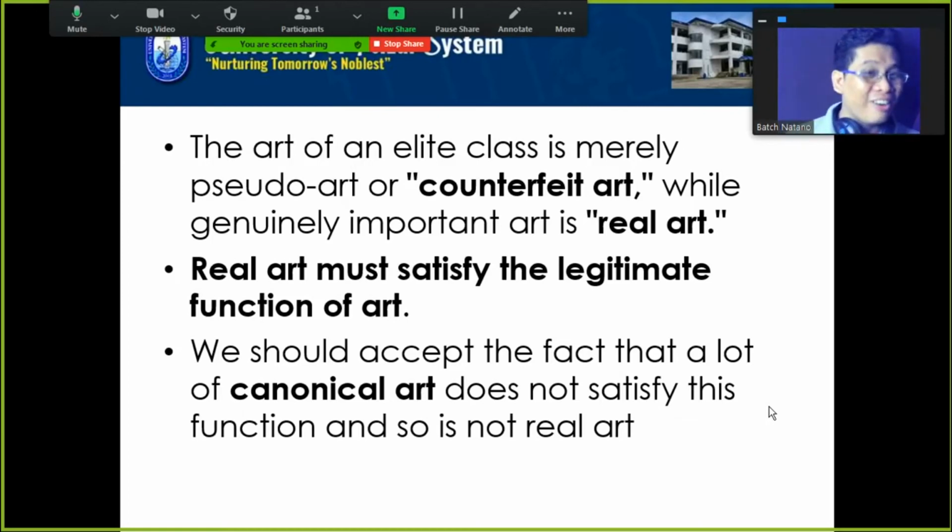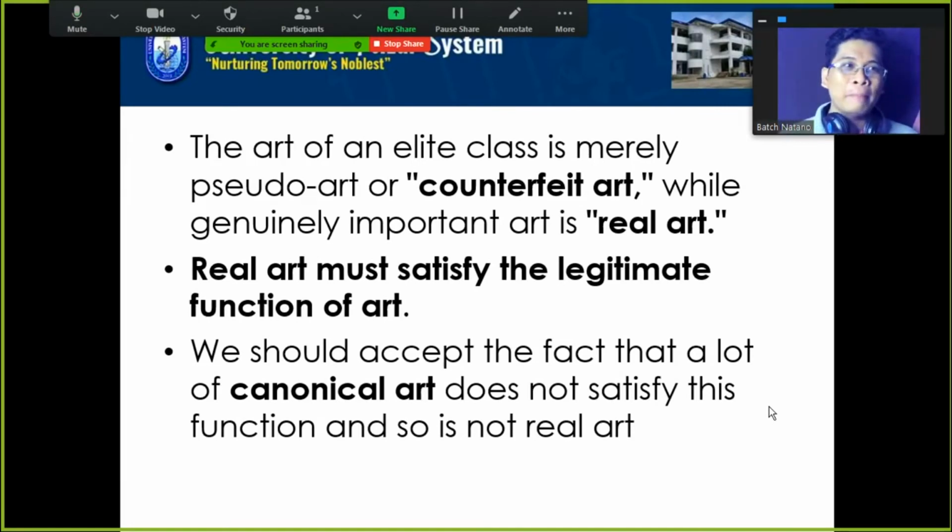Yung mga canonical art is not real art, kasi nga, pang mga elite. Okay, so, ang real art para sa kanya, that may mga legitimate function. Ano yung legitimate function? Yung genuinely important na yan. Yun yung mensahe. Yun yung the moral value of the art. Yun yung legitimate function of art para kay Tolstoy.